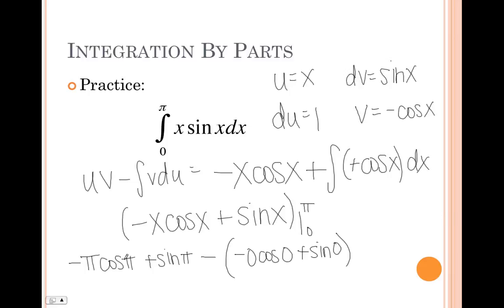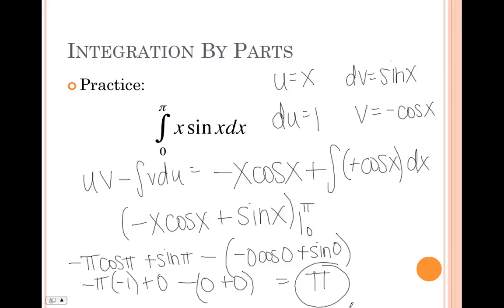The cosine of pi is equal to negative 1. So negative pi times negative 1. The sine of pi is 0. Minus 0 times 1 is 0. The sine of 0 is 0. And so my answer here is pi, positive pi. Isn't that fun?